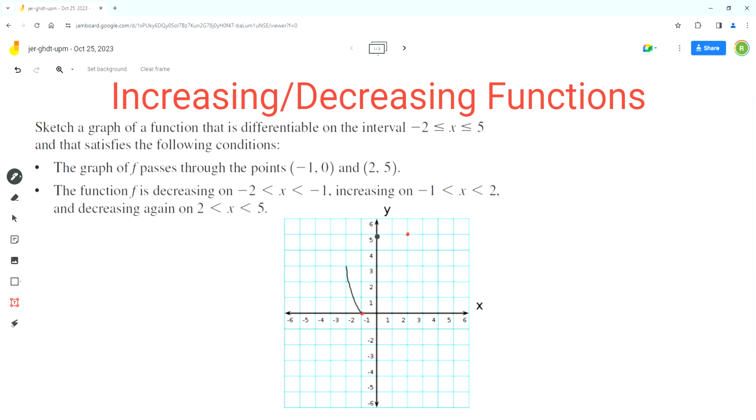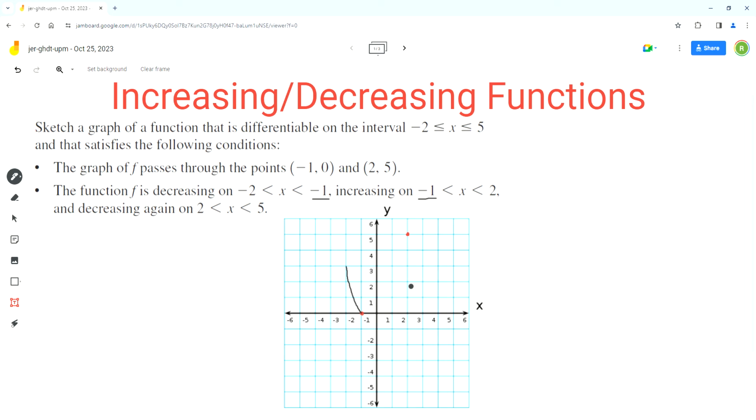Now we are given that the function is increasing from -1 to 2. See, we are given that the function is decreasing from -2 to -1 and then increasing from -1 to 2. That means there is a change in the direction of the function at x equals -1. So we have to show that the graph goes up from -1 to 2, and at x equals 2 the function passes through this point (2, 5).